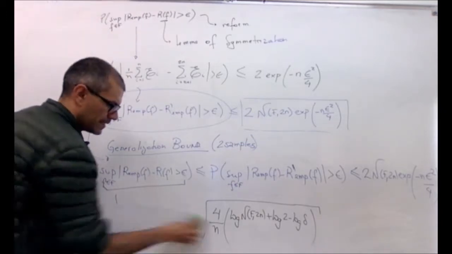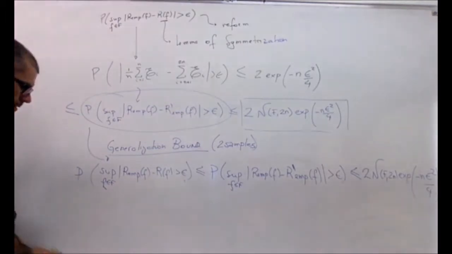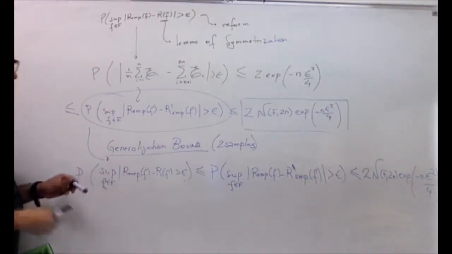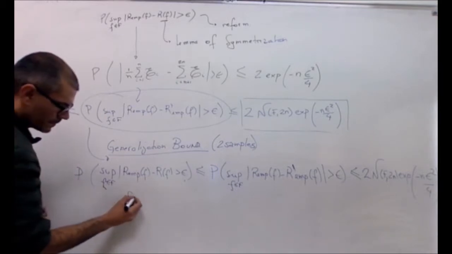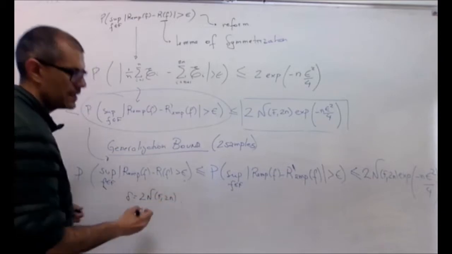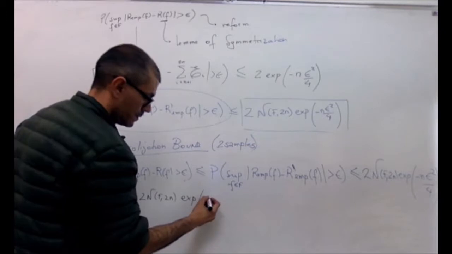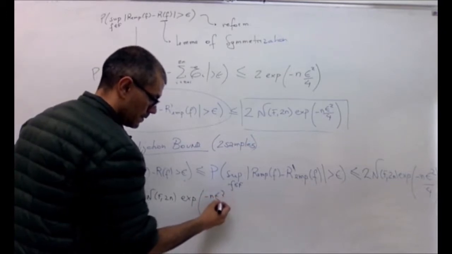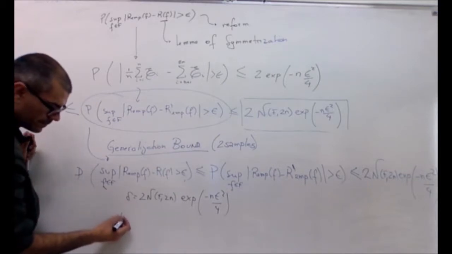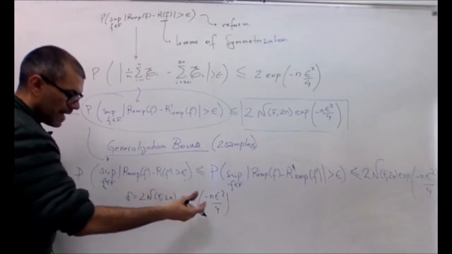Let's open. I think it's better. Yeah, if we open it. Okay, so opening, we have delta equals 2n f2n, because it's composed of 2 samples. So in that situation, we'll have log on this side of delta equal to log of everything.